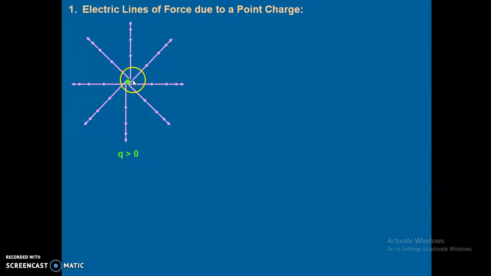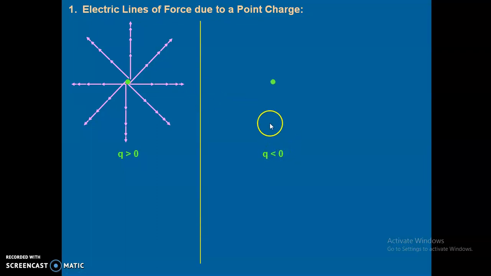You can see vectors are directed outward. Why? Because this is the direction of electric field vectors, and electric field due to a point charge which is of positive nature acts outward. So vectors are in outward direction. They show the direction of the movement of a test charge which is of positive nature.